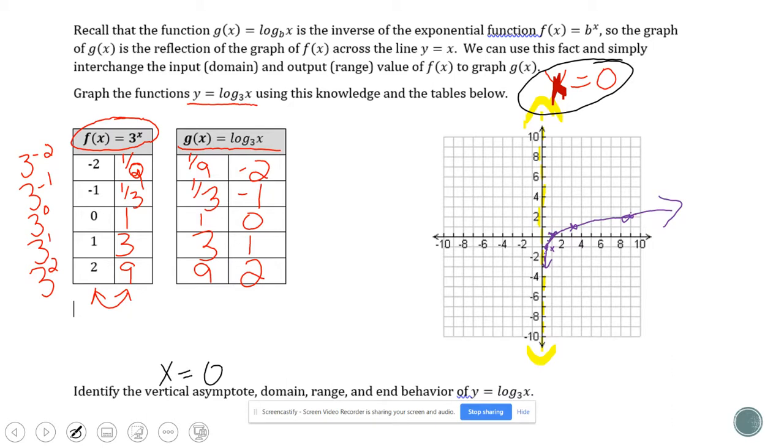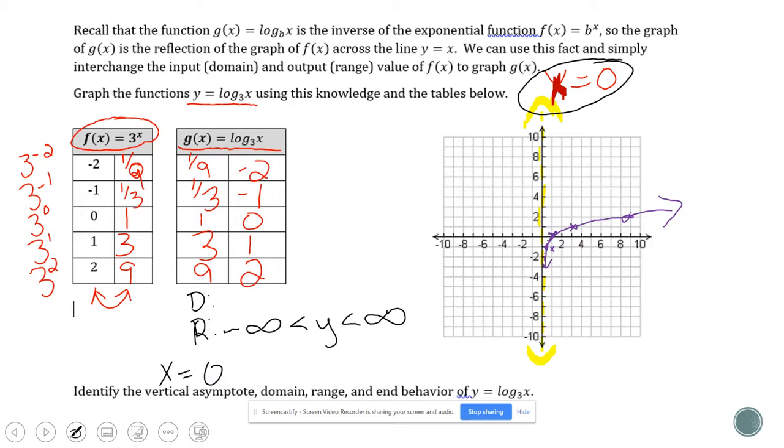Domain. Our domain and range for our log functions are exactly the opposite of what they were for our exponential functions. Our exponential functions, the domain was always negative infinity to infinity. So for log functions, it's our range that's always going to be negative infinity to infinity. The domain is going to include our asymptote and either a positive or negative infinity.